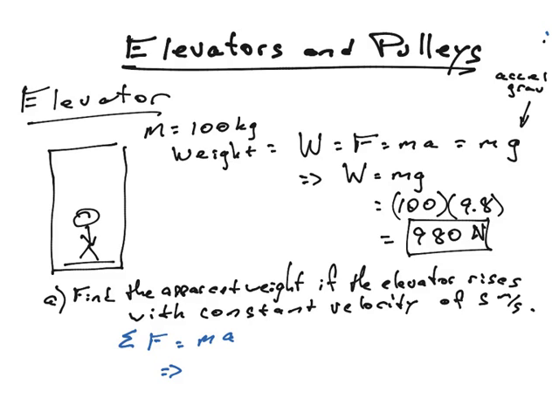Let me draw it on the picture. Obviously, gravity is pulling down. That's mg. Gravity is always pulling down on us. However, I happen to know I'm not falling down through the ground. If I'm not falling down through the ground, that means the ground must be pushing up, preventing me from falling.